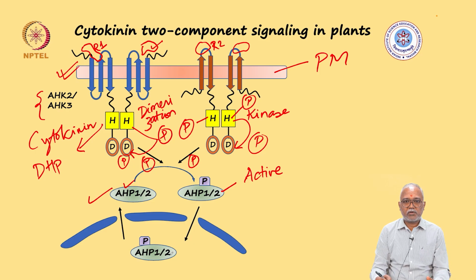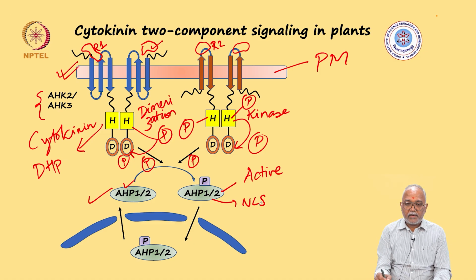In the previous class we saw different domains and different motifs which are present. For things to move inside the nucleus, you need a nuclear localization signal. So if upon phosphorylation the histidine phosphotransferase moves inside the nucleus, it will have NLS type sequences.